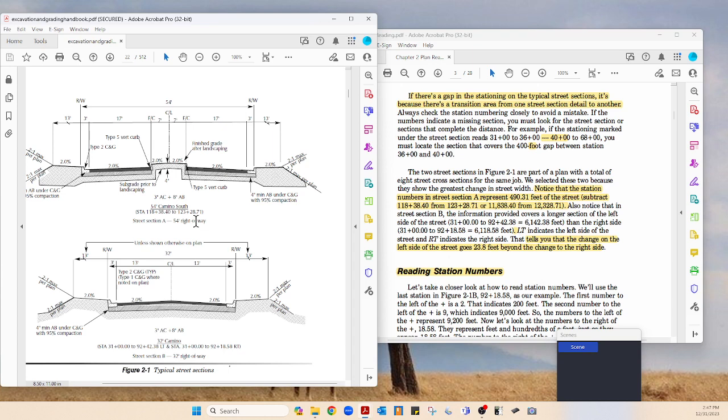Now, we might as well get into this right now. When I'm reading station numbers, and you can see over here on the right, we're going to be talking about station numbers. This is 11,838.40. That's the way you read that.